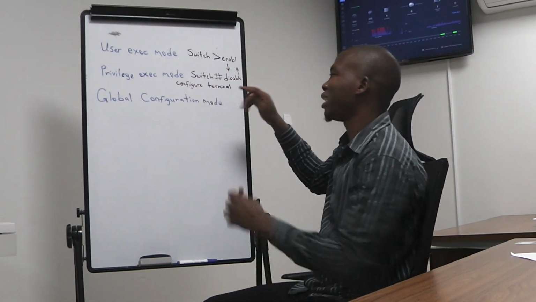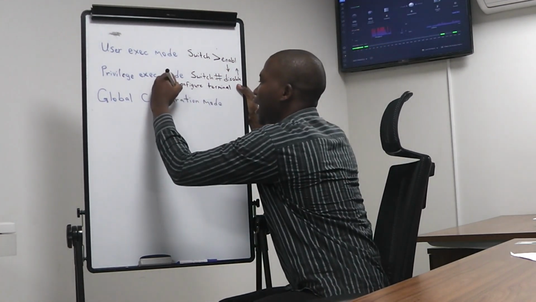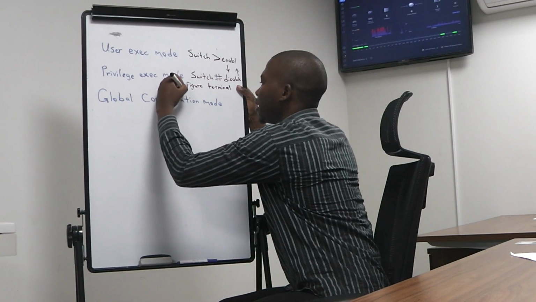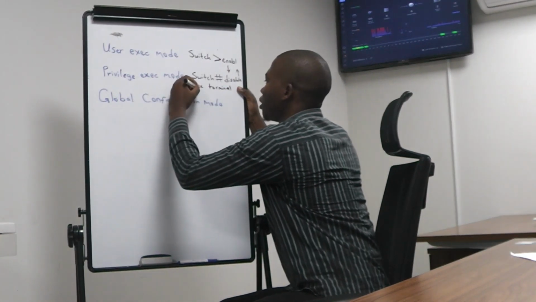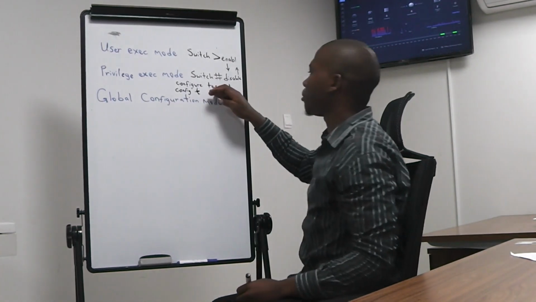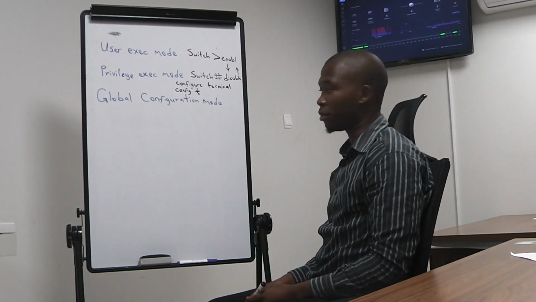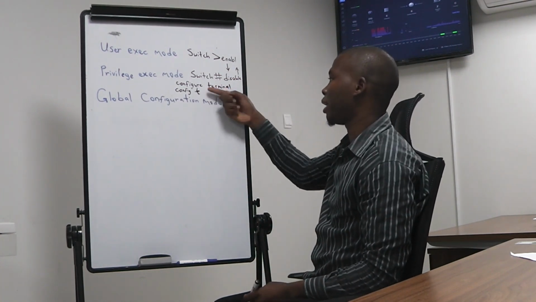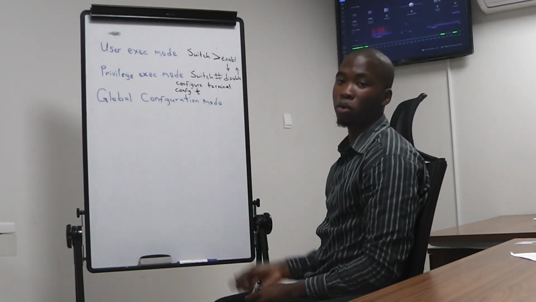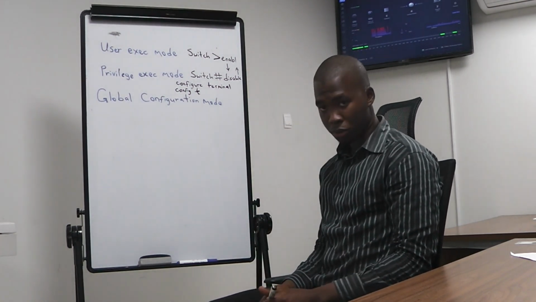You're just cutting it down to config T, and this actually means configure terminal. So typing config T does the same thing as typing configure terminal. After you type configure terminal, this will bring you to the global configuration mode.